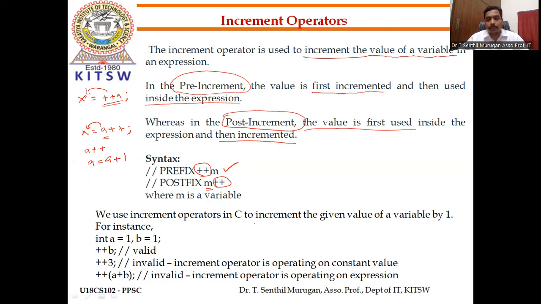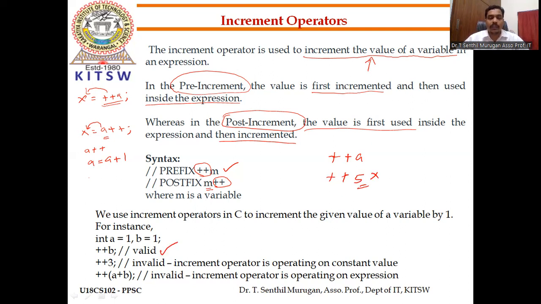We can use the increment operator in C to increment the given value of the variable by 1. For example, a = 1, b = 1. I already told you, increment the value of the variable, not a value. So if I give the variable, ++a means a will be incremented. ++5 is wrong, because it is not a variable; it is a value.